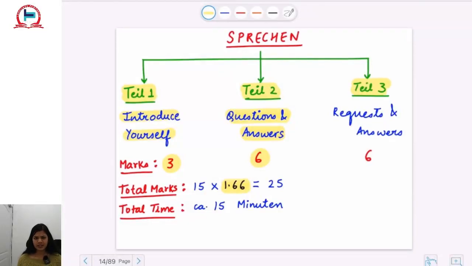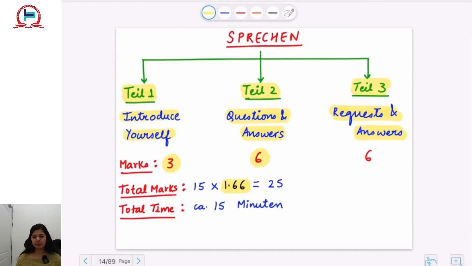Now Teil 3 is very similar to Teil 2 because in Teil 2 we are supposed to formulate questions and answer. In Teil 3 we are supposed to formulate requests and respond. In Teil 2 we get a card on which a word is written. In Teil 3 we get a card on which a picture is given.